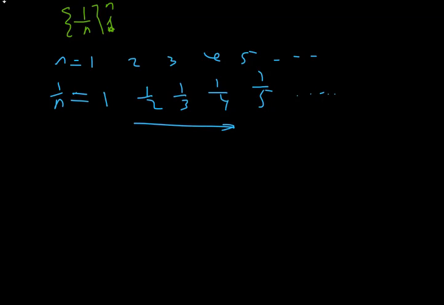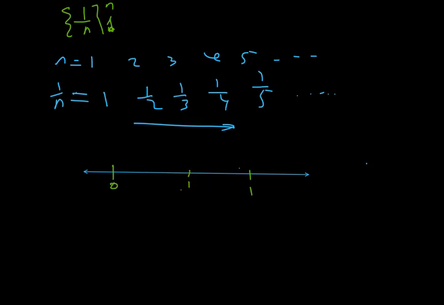Let's represent this on a number line, and then we'll see how it goes. Let me have 0 here and 1 here. It's going to be decreasing, right?